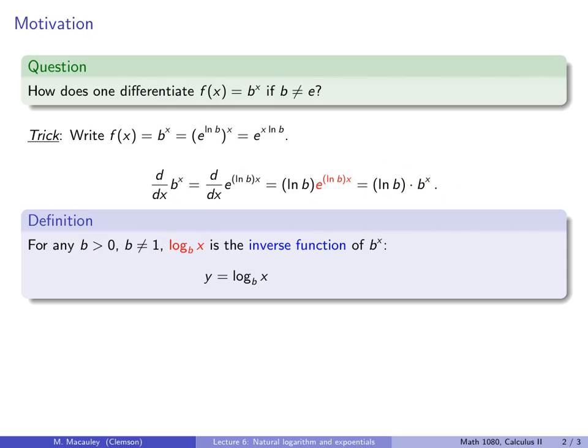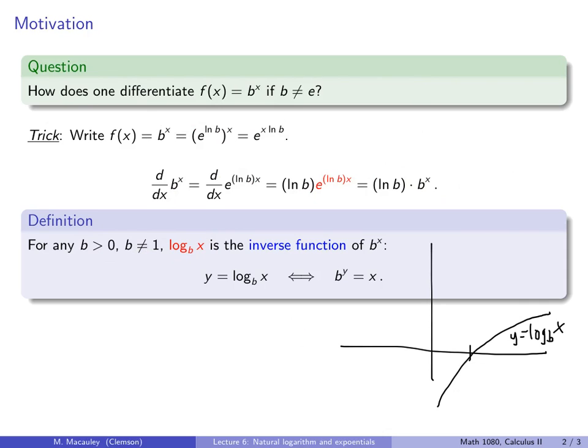So that means that if y is equal to log base b of x, then b to the y equals x. So to sketch this, this function is y equals log base b of x, and this is 1, and these are inverse functions.